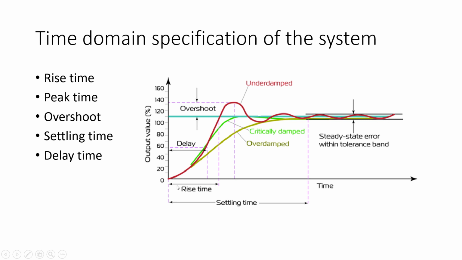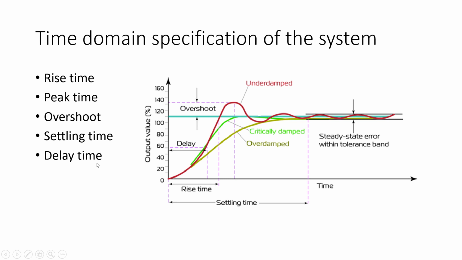It is the time required for the response to reach the steady state and stay within the specified tolerance band around its final value. Generally a 2% or 5% tolerance band is used.